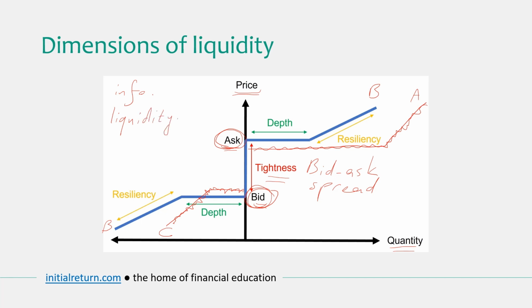So, for example, we might need to sell our shares because we have a cash need. Now, if we are trading on the basis of information, then the price is expected to move. But liquidity shocks are not really informative, so they shouldn't really affect the market price.